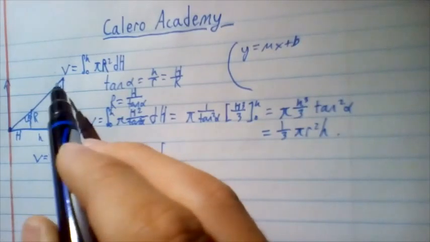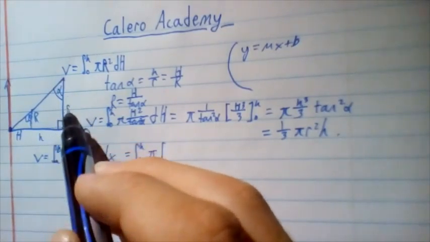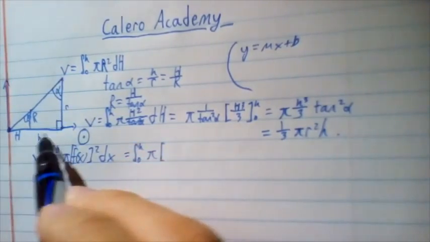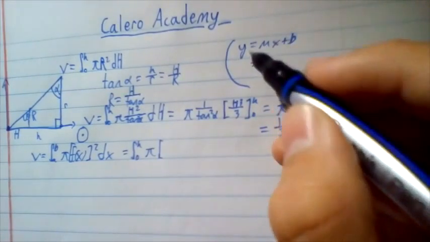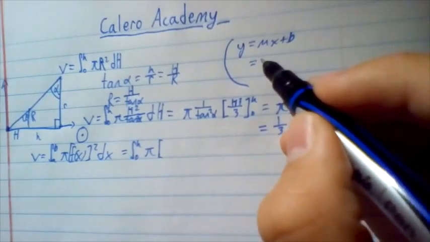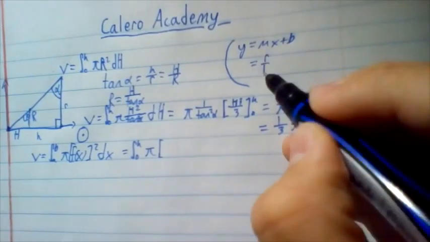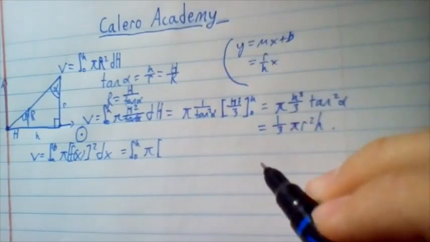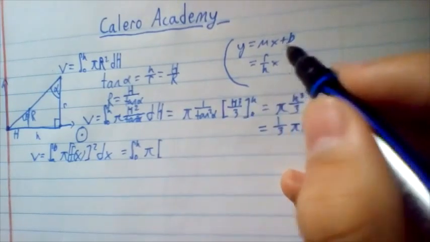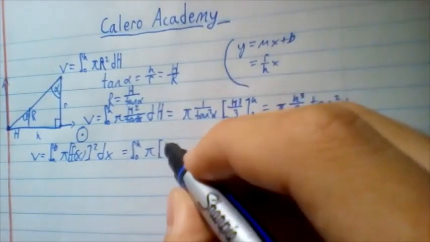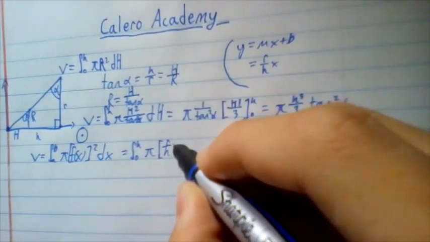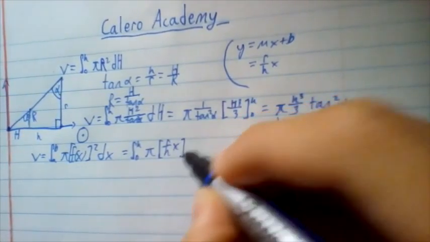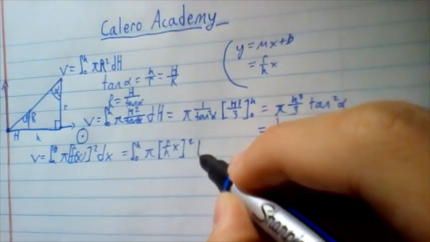So, we can plug in: the rise in this case is r, and the run in this case is h, so the function y is equal to r on h times x. So we can plug it in here, and we have r on h times x all squared times dx.